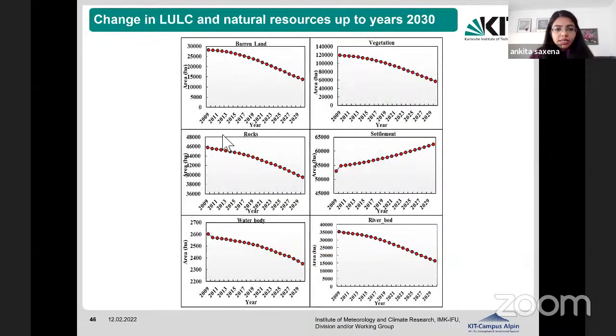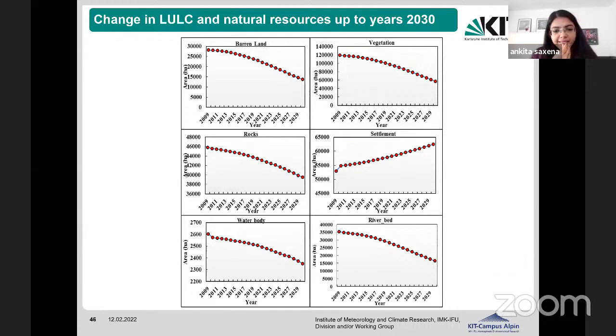It is showing that urban is increasing, and settlement is increasing. Riverbed is slightly decreasing. Riverbed is nothing but the water body; it's a part of water body. And some vegetation is declining with time.